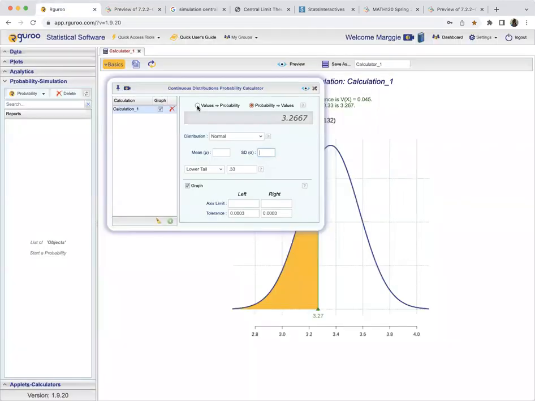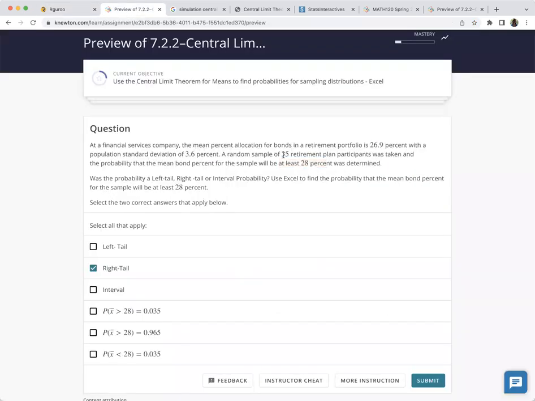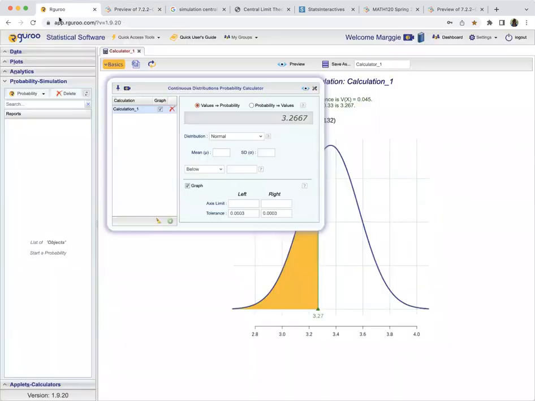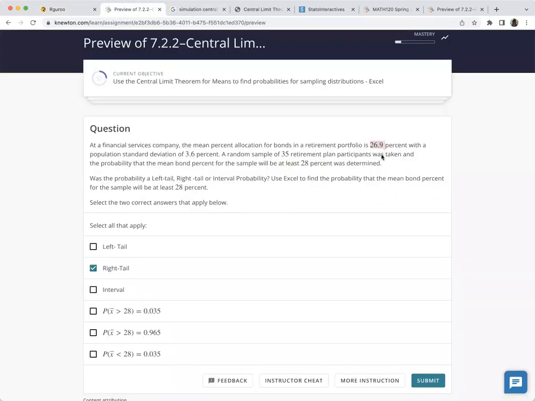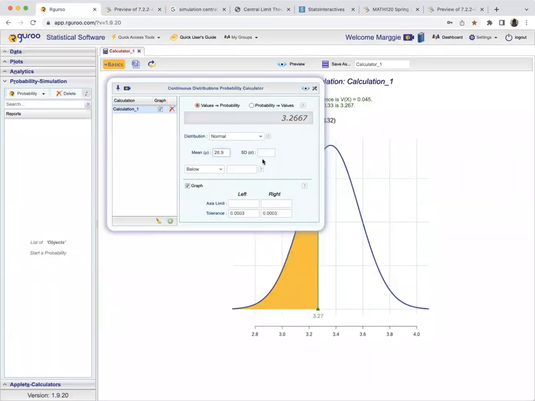Mean is 26.9. Standard deviation is 3.6 divided by the square root of 35. So I'll do that in my calculator. That is 3.6 divided by the square root of 35. And from there, I got 0.6085.